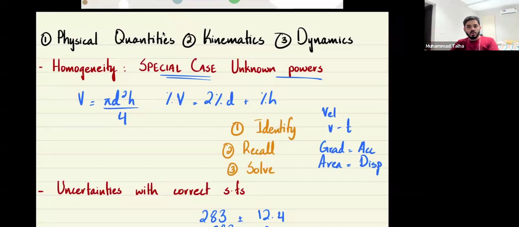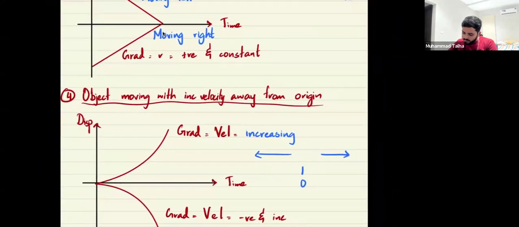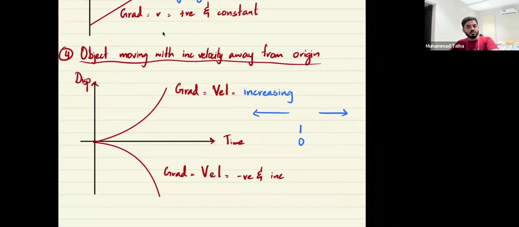And then for the graph shapes, obviously you must have a really good grip on graphs for AS. So let me show you some of the kinematics graph shapes just to quickly refresh your memories. For example, if I have a displacement time graph which looks like this, you can see that this graph is progressively getting steeper.